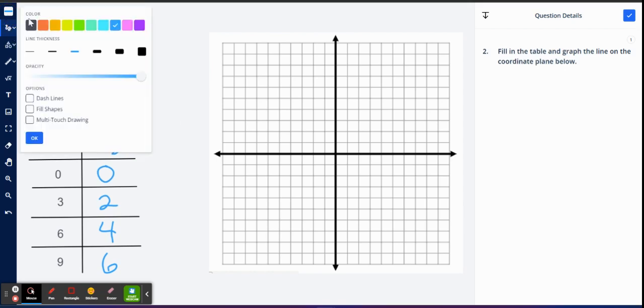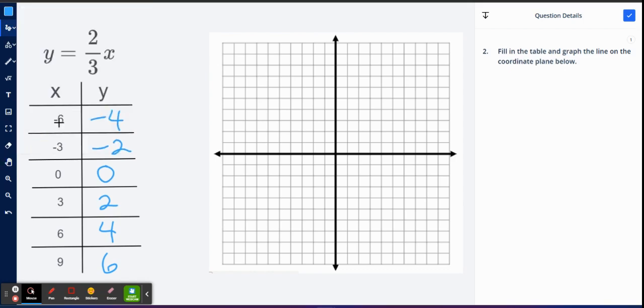Now, plotting my points. Again, I'm going to make this the ultimate thickness. So we have -6, -4. So from the middle, -6 to -4. Click. -3, -2. Click. 0, 0. Click. 3, 2. Click. 6, 4.